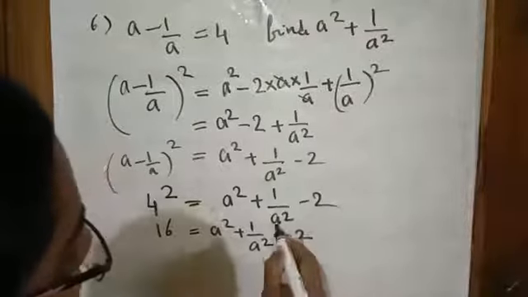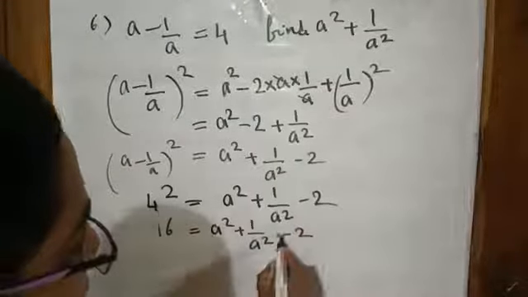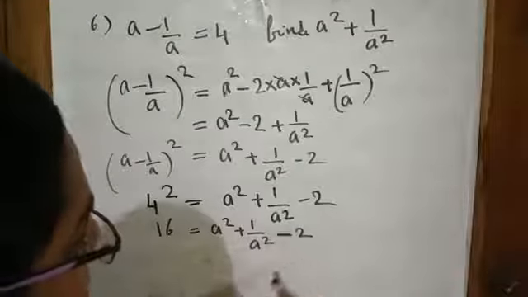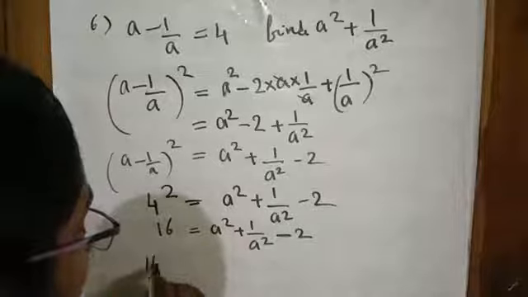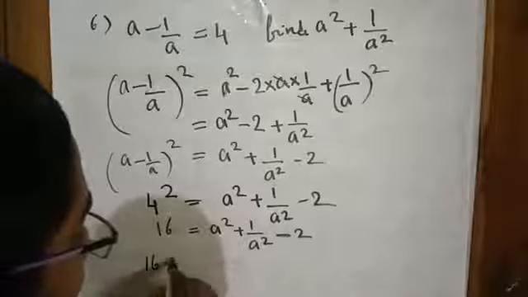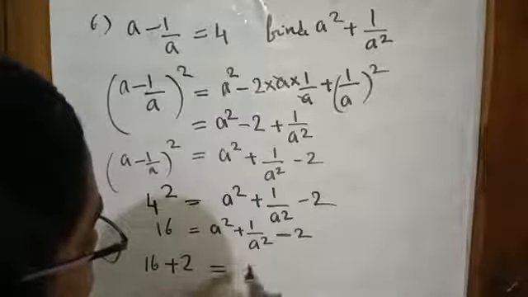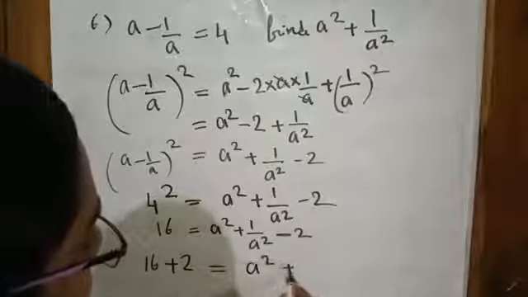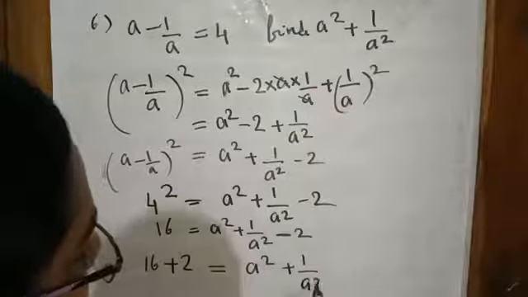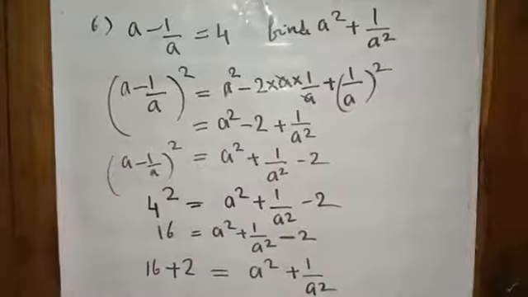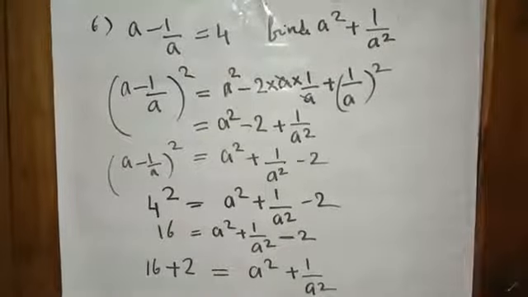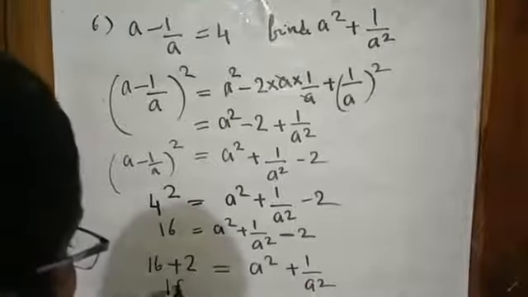Now we want a square plus 1 by a square. So this minus 2 comes to the opposite side. So 16, this minus 2 becomes plus 2 when it goes to the opposite side. 16 plus 2 equals a square plus 1 by a square. What is 16 plus 2? 18.